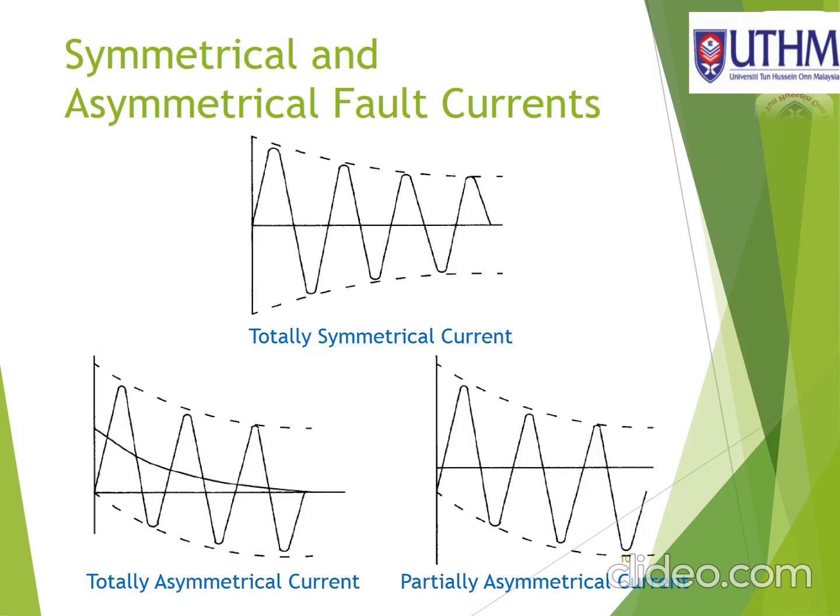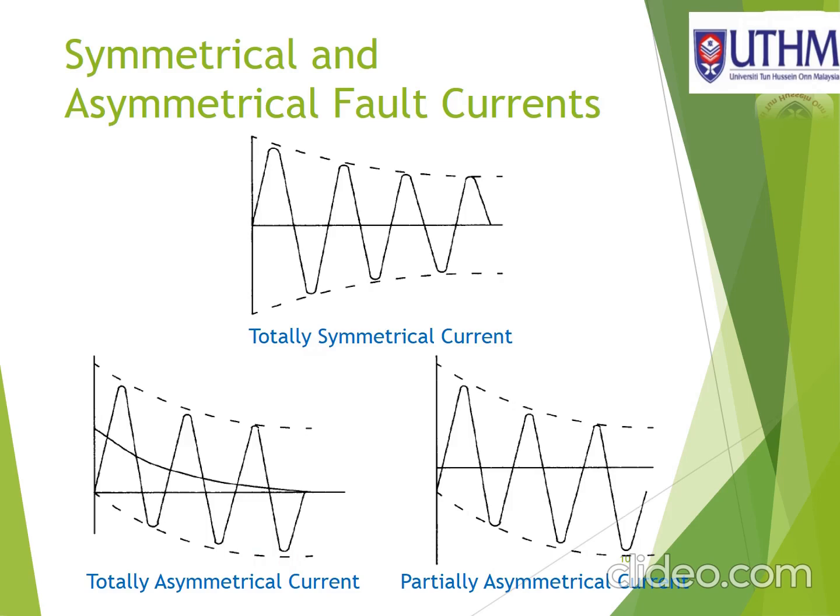This is the symmetrical and asymmetrical fault current waveform. We can see here the totally symmetrical current, where the positive side and the negative side are almost the same, so all the values for positive and negative are the same. For totally asymmetrical current, the values are totally different: the positive side and the negative side are totally asymmetrical, with totally different current values.